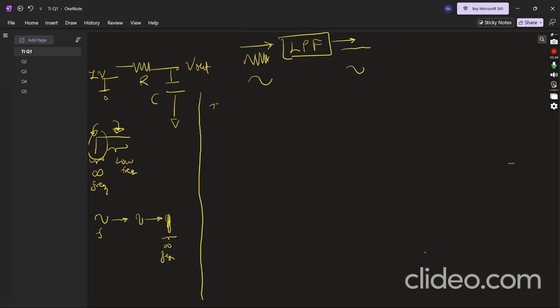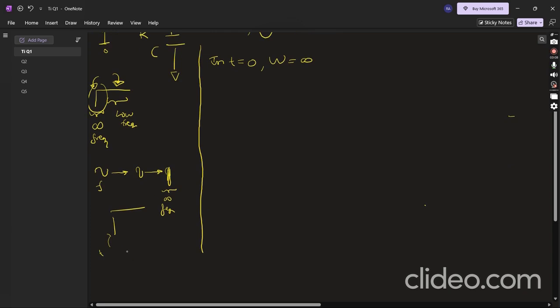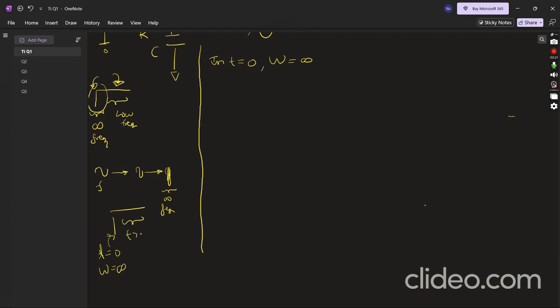At t equal to 0, omega is equal to infinite, and when t is greater than 0, or t is equal to infinite, omega is equal to 0.